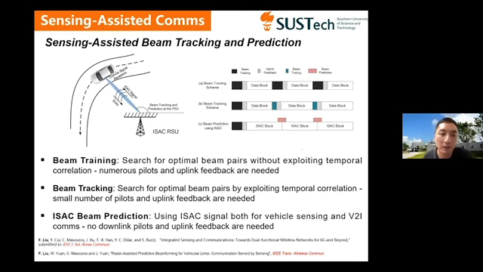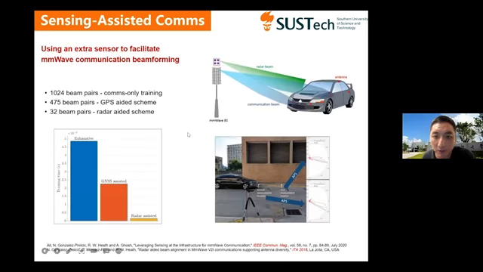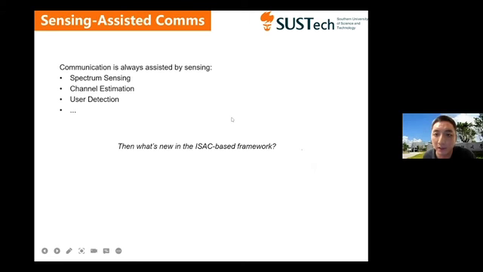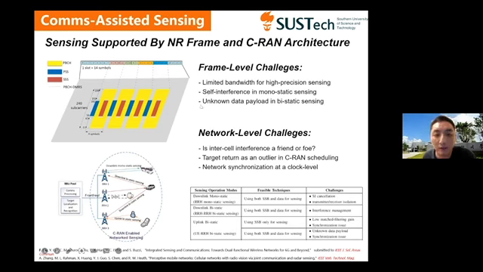But since we're using a monostatic sensing setup, we actually need full duplex because of the self-interference. So remember that if you are going to do monostatic sensing, then there's a need to cancel the self-interference, okay?